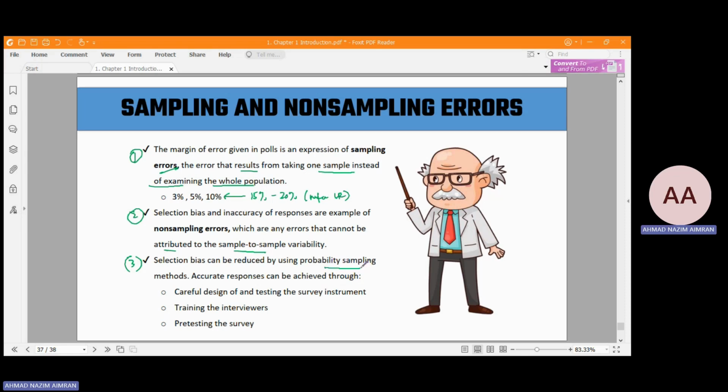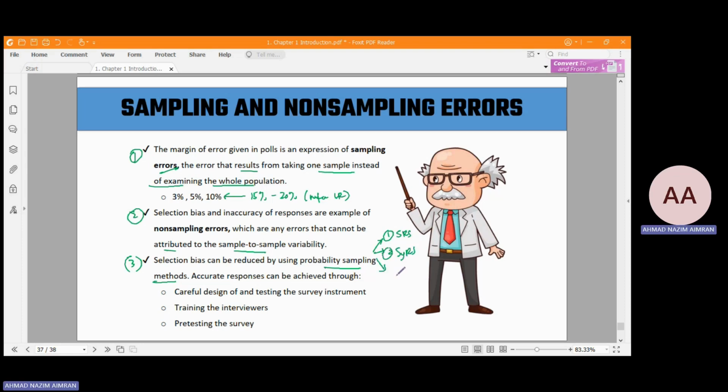And we have also discussed in our last class the probability sampling methods. There are 4 altogether. The first one is the simple random sampling. The second one is the systematic random sampling.